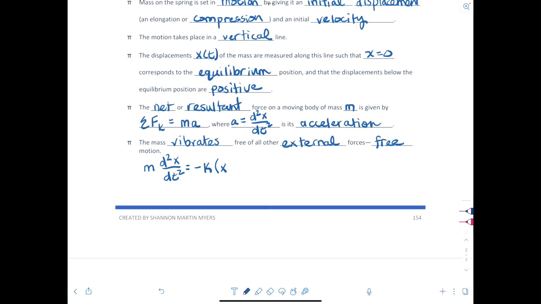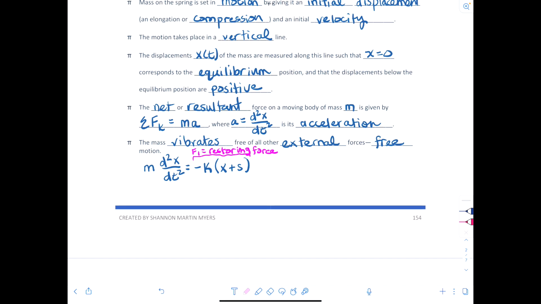Remember, x was the displacement of the mass, so x plus s would be the total displacement. So this portion of it is the restoring force. And the sign is negative because it's in the opposite direction of the motion.